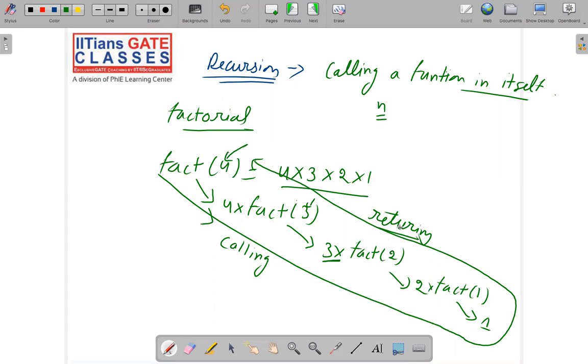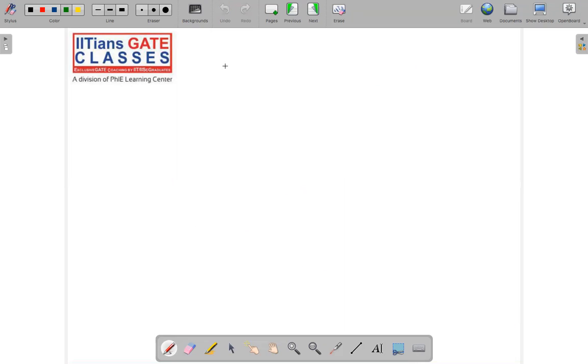But let's focus on this factorial problem. For a given number n, how can I calculate the factorial? I have a function FACT, and I pass n.